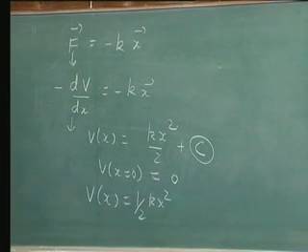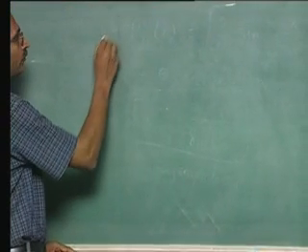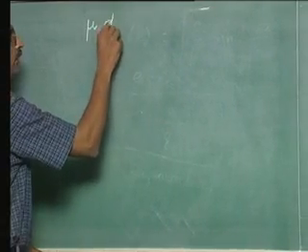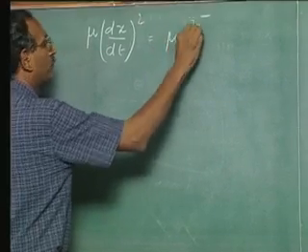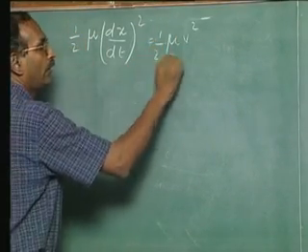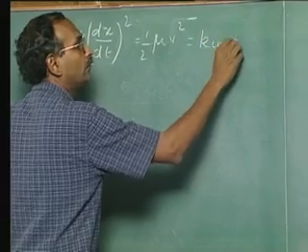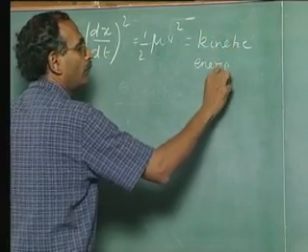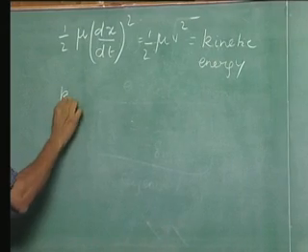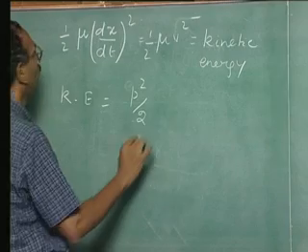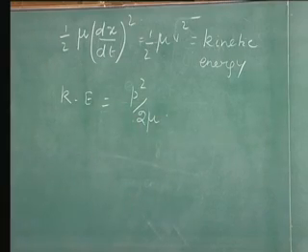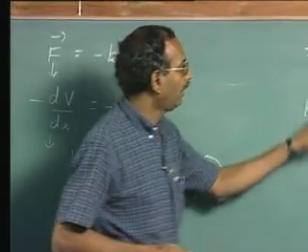And if the oscillator is displaced by x and has motion associated with it, then its kinetic energy is obviously half the mass of the oscillator times the square of the derivative of the displacement, that is the velocity, mu v square by 2, as its kinetic energy, or in terms of momentum, the kinetic energy can be written as p square by 2 mu, where mu is the mass of the harmonic oscillator associated with the motion.